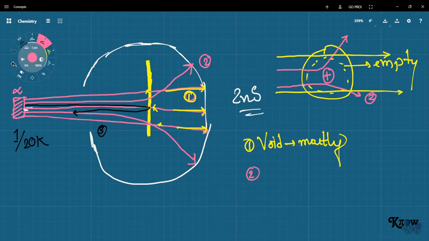And the second part is deviating because there is a positive charge in the middle.